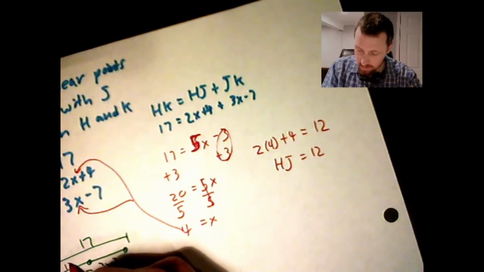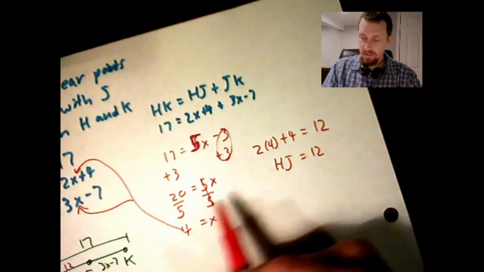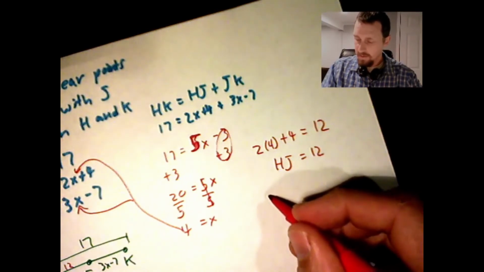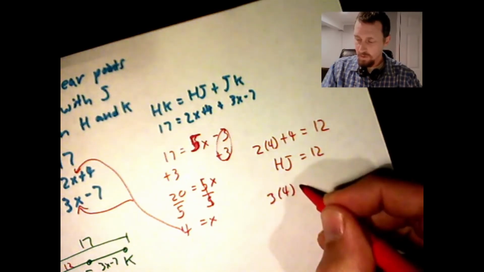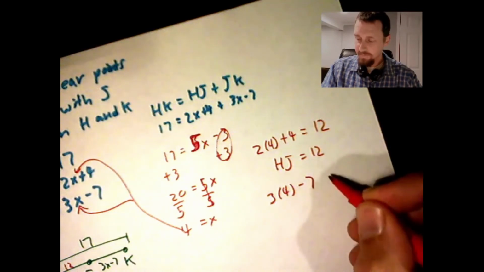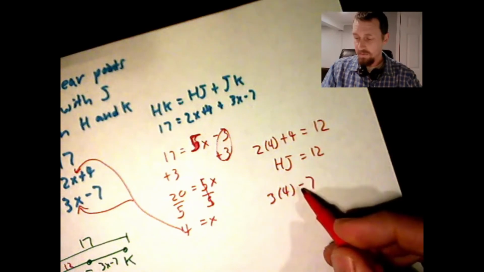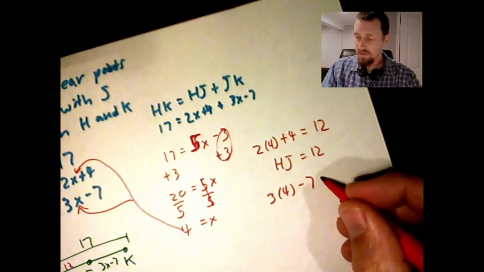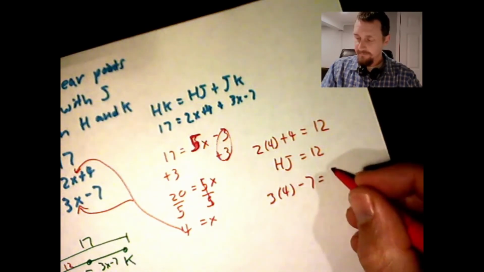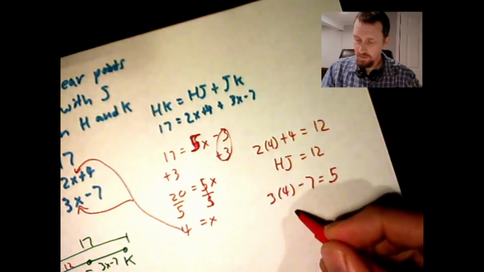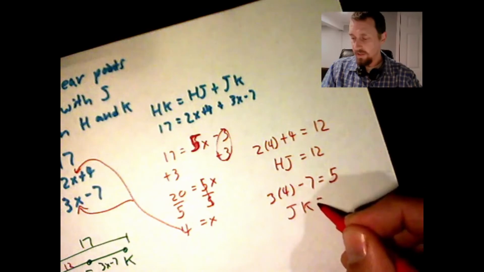So this is 12, and JK is 3 times 4 minus 7. 3 times 4 is 12, minus 7 is 5. Cool. So JK equals 5.